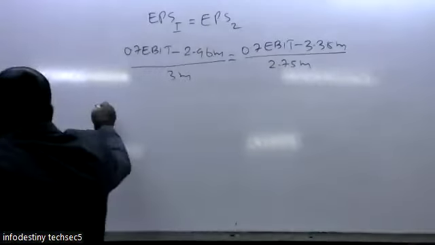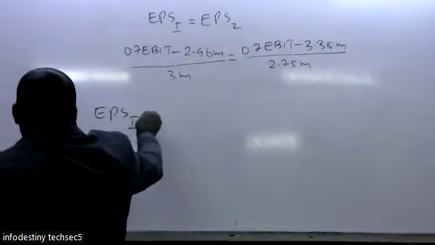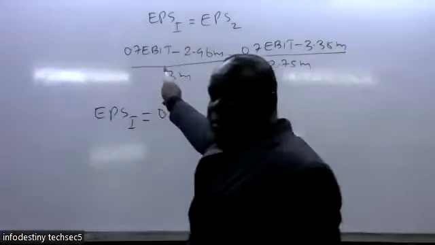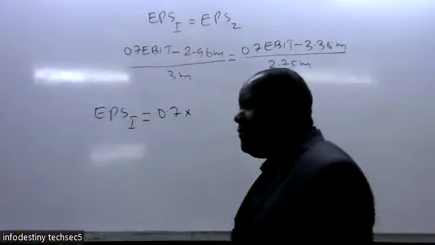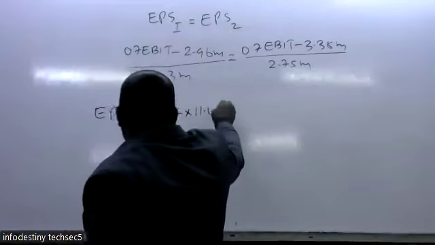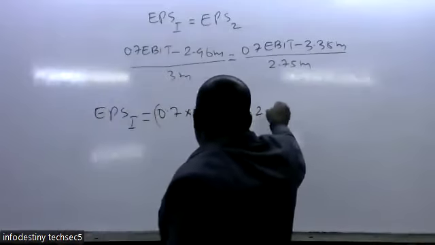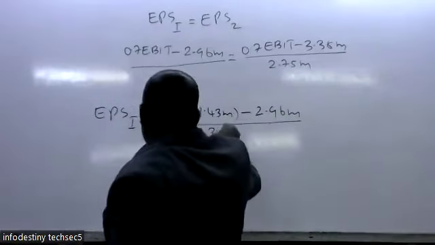Whereby earning per share, option 1, you take 0.7. But where there is earnings before interest and tax, you have said is how much? 11.43 like that. Then subtract 2.96 millions. Divide by 3 millions.